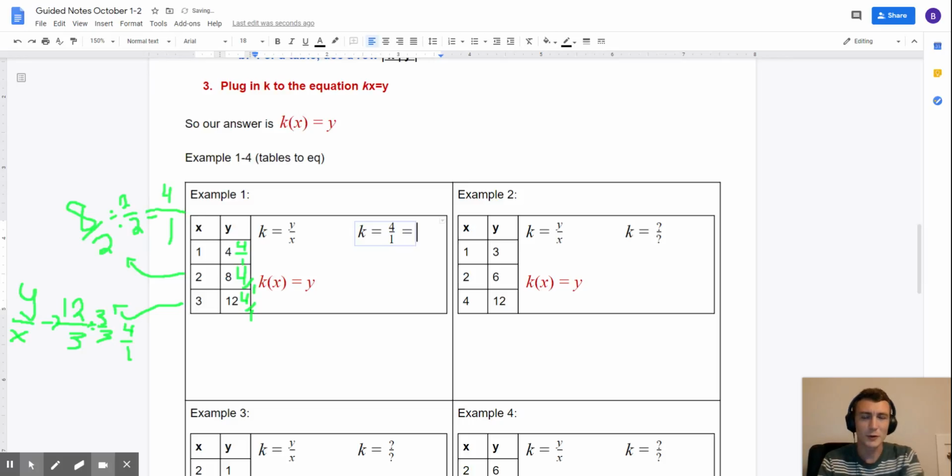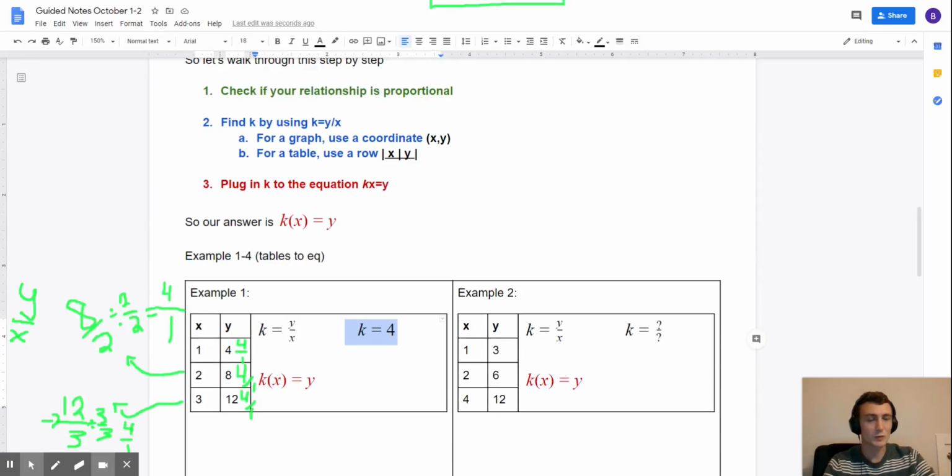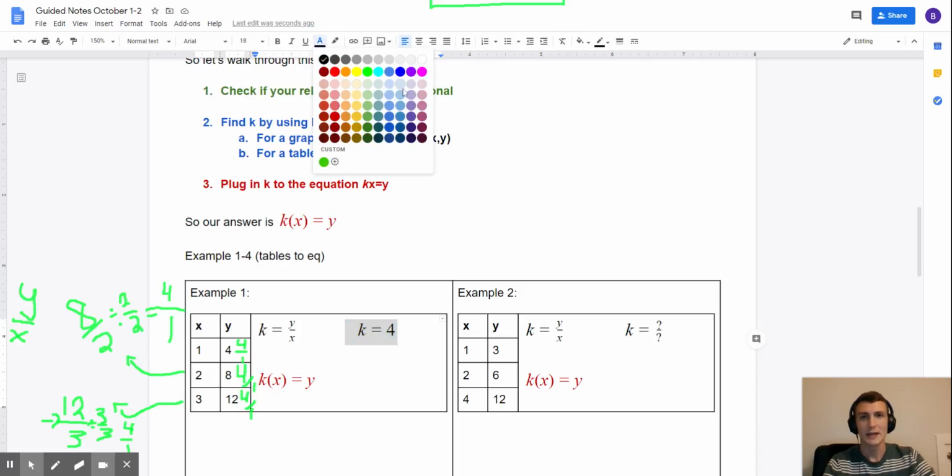Oh, there it is. 4 over 1, which equals 4. So if you want to erase that fraction and just turn it into 4, you can do that. But that is what k equals. And guess what? This was my second step. Find k by using k equals y over x. Y over x, 4 over 1, k equals 4.